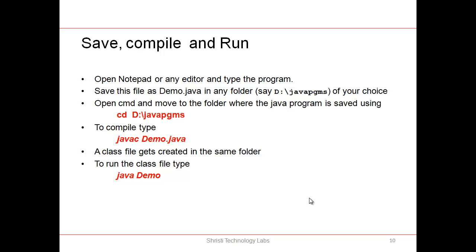You are gaining an entry into that folder. To compile, you need to type javac space demo.java. When you say javac demo.java, the class file will be created in your same folder. To run this program, you need to run the class file. So use java space demo. Demo is the name of your class file. The program will print the output as hello.